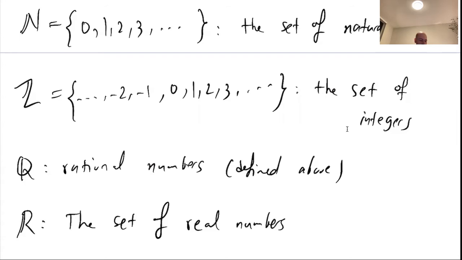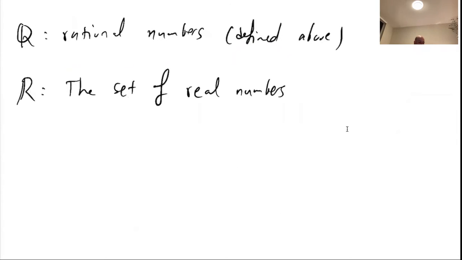Okay. Now, the next thing we have to define is, when can we say that a set is a subset of another? So subsets. Let's assume we have two sets, capital A and capital B. When can we say that capital A is a subset of capital B?